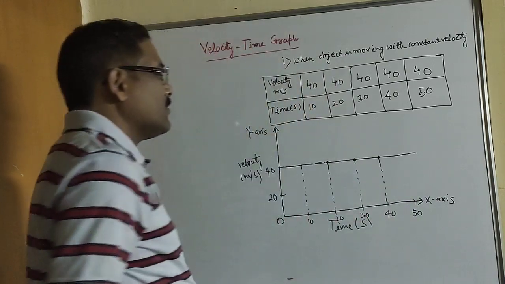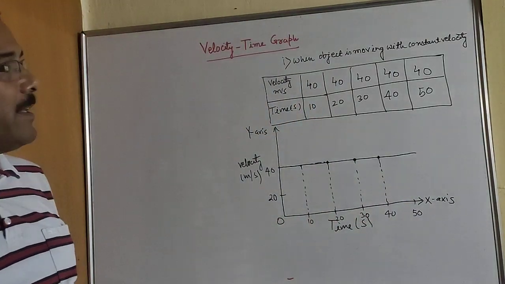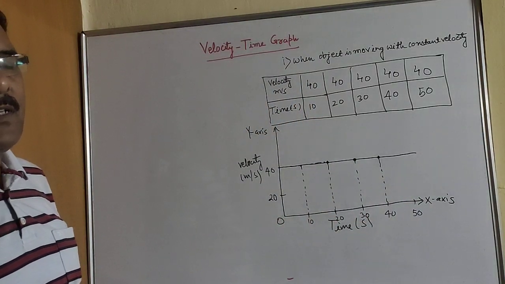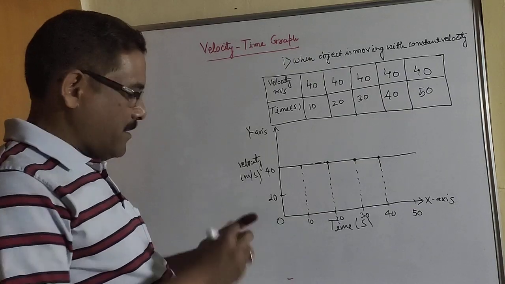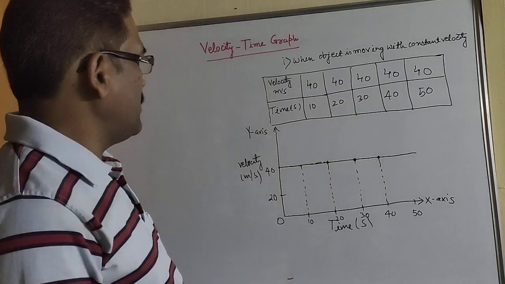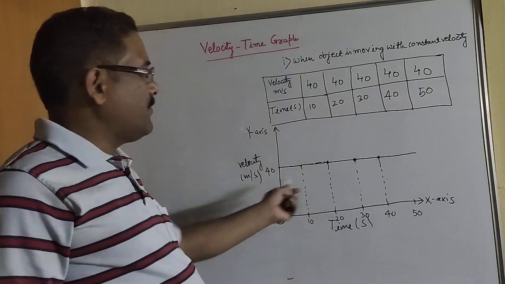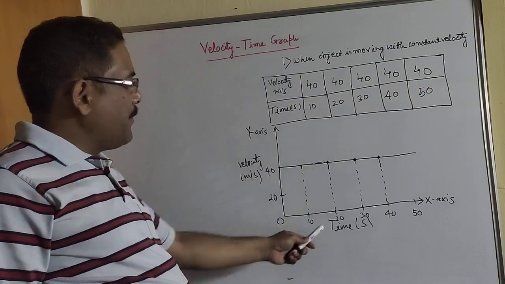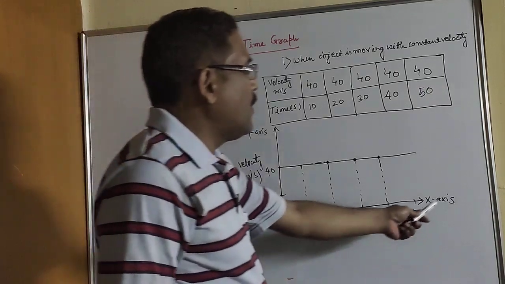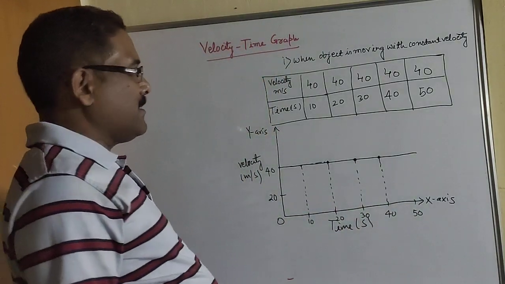So when the object is moving with constant velocity, or in uniform motion, the velocity time graph is a straight line parallel to the time axis, or parallel to the x-axis.